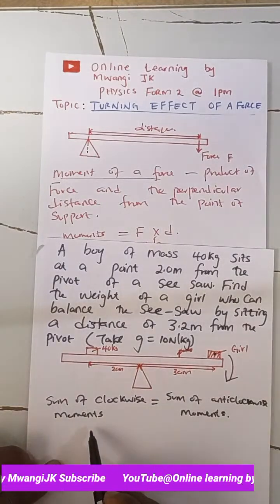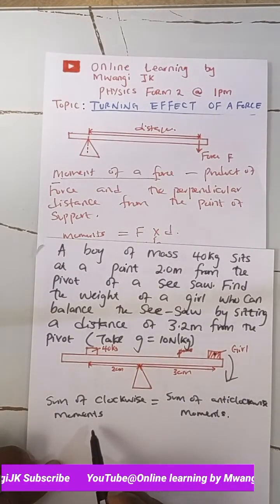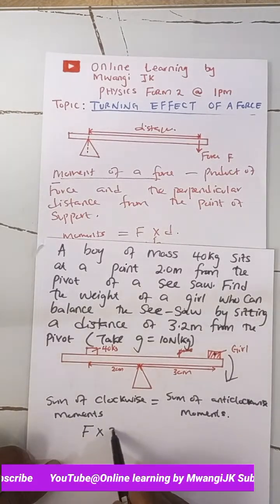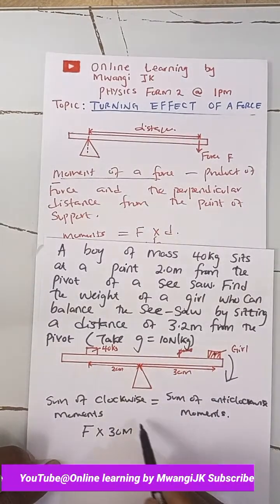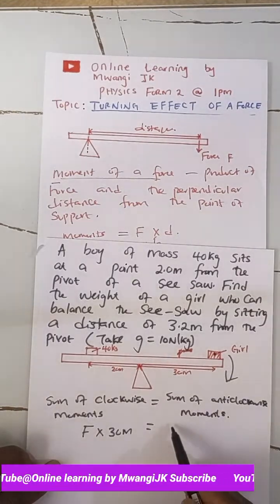the force of the girl, and in this case we are not aware of it, so we call it F. We multiply that by 3.2 meters, the distance of the girl from the pivot, and this will be equal to the force of the boy.